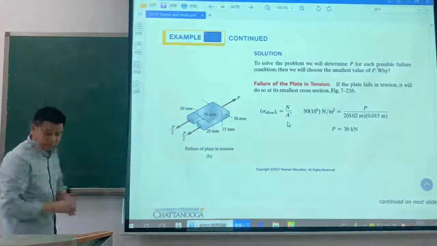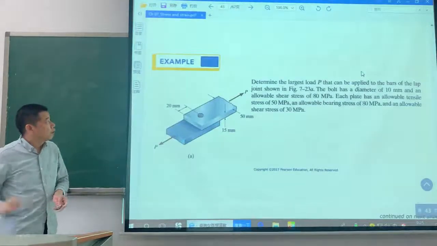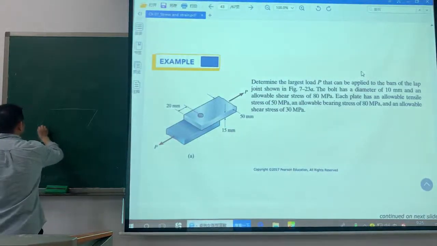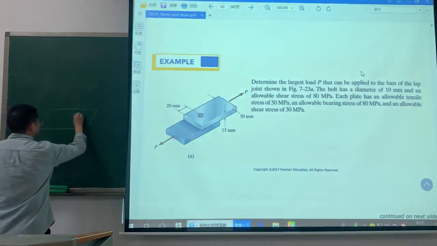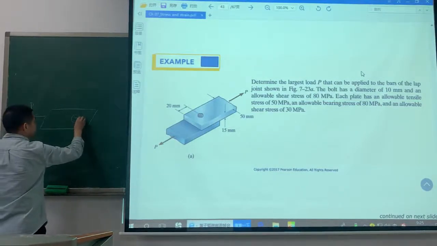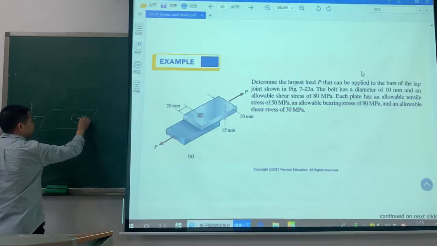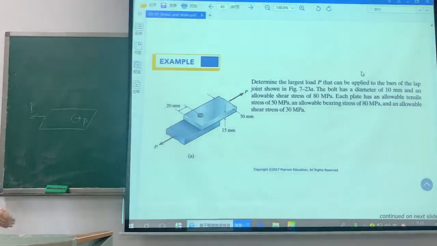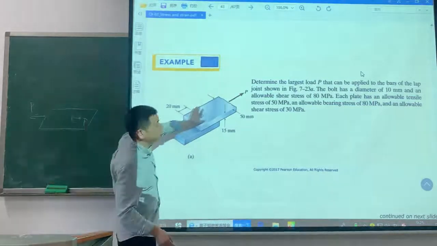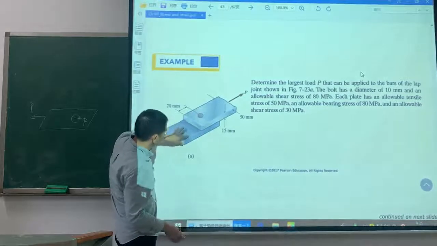The internal force in the free body diagram of the plate is P. Yes or not? It's P. It is the free body diagram of the plate with the bottom plate. Yes or not?